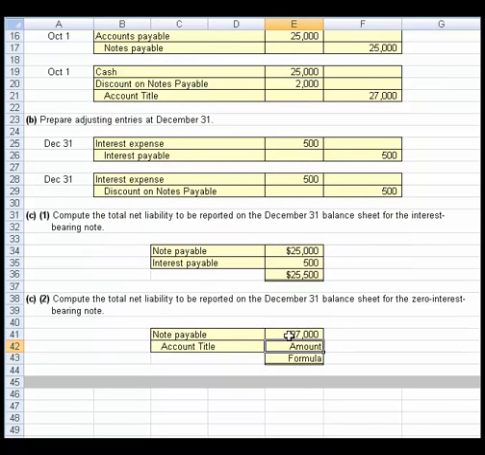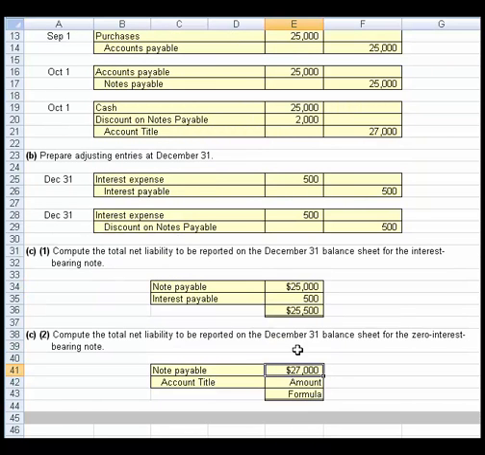I slid that off the screen a little bit just so I could get the number. And then we also have a discount. This one would say something like this: discount on note payable. Now, you're not going to see it on the screen, but it's in there, okay?